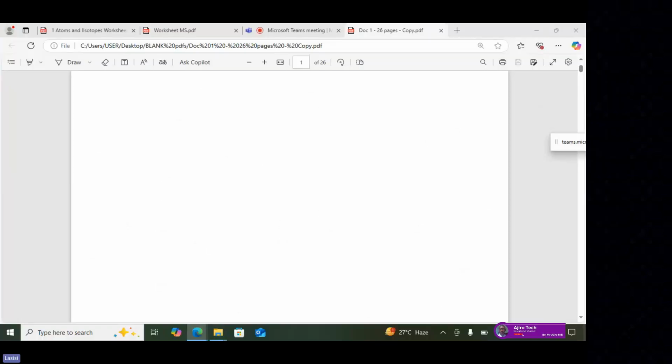I said it's the energy needed to remove an electron from 1 mole of atoms of an element in the gaseous state, to remove an electron from each of the atoms. You are removing the electron from each of the atoms. Okay. How many atoms are in one mole?